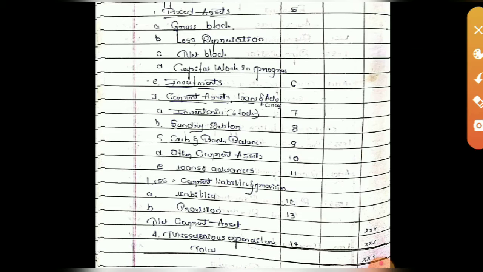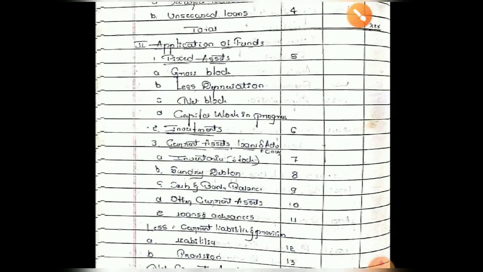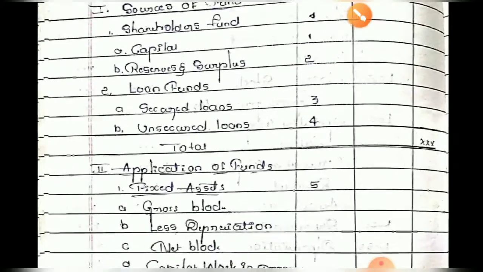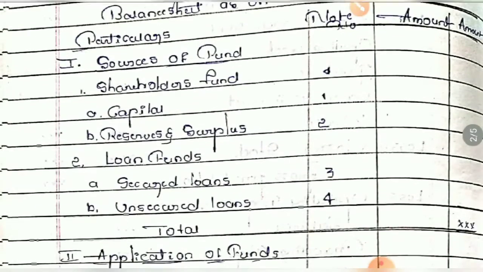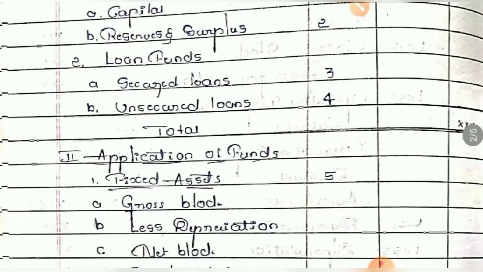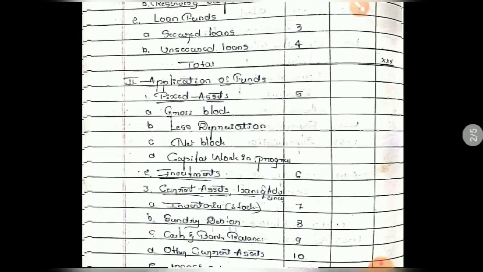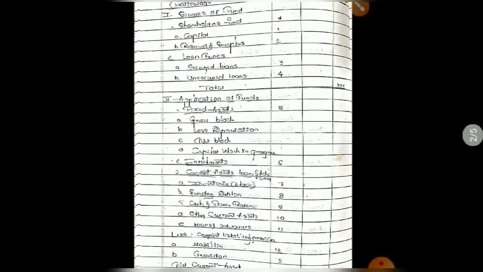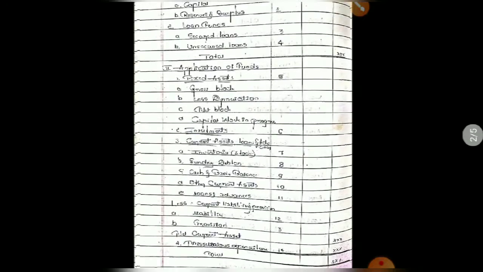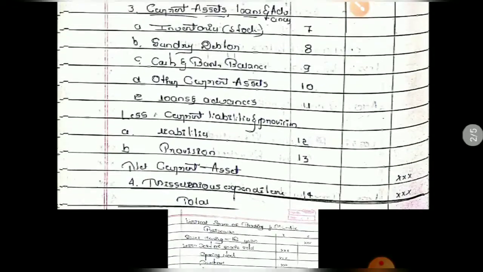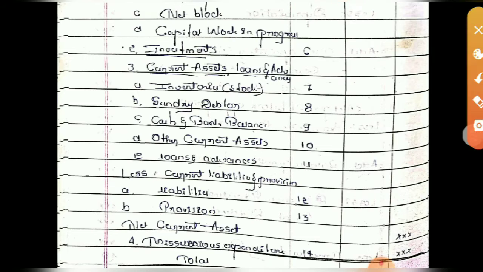After writing all those things, you have to deduct liabilities here only. In the horizontal balance sheet, all the liabilities, even your current liabilities, you take in the liability side only. But you should remember, in the vertical format it is not like that. In the vertical format you have to deduct current liabilities and provisions at the last in the asset side only.